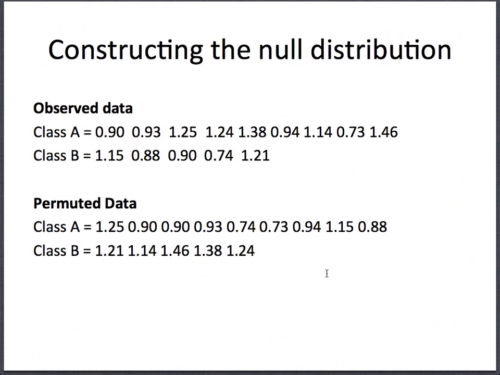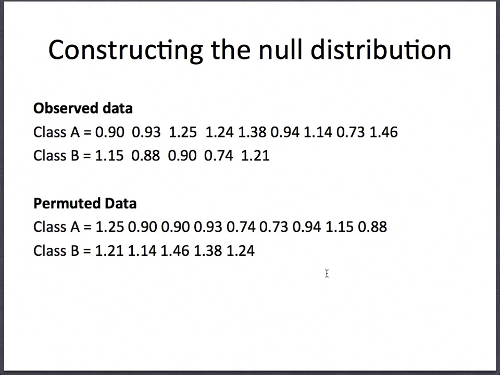All I've done under permuted data is I've just switched them up. And if I switch them up, then they're going to have some different average. And maybe class B is going to have the higher scores. I think in this case, it looks like class B has the higher scores. It's got 1.46, 1.38. And I can switch them up all of the possible ways that they can be switched up.